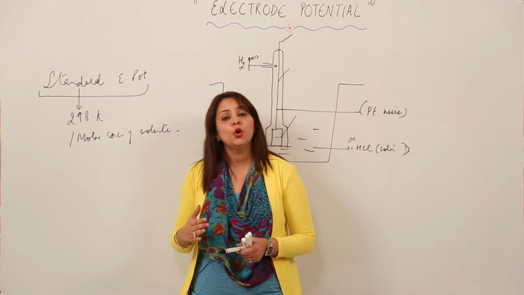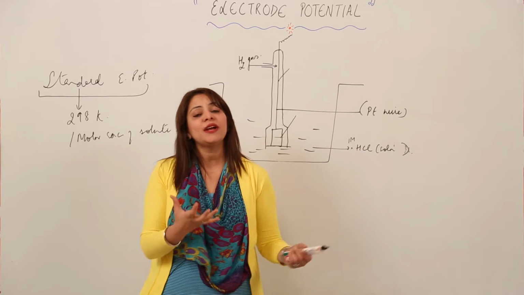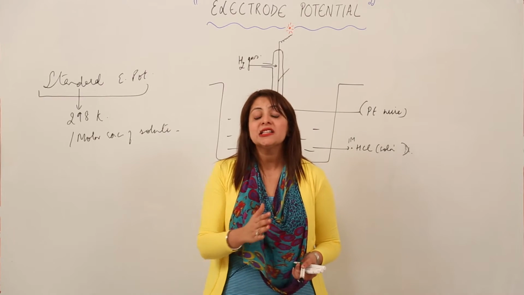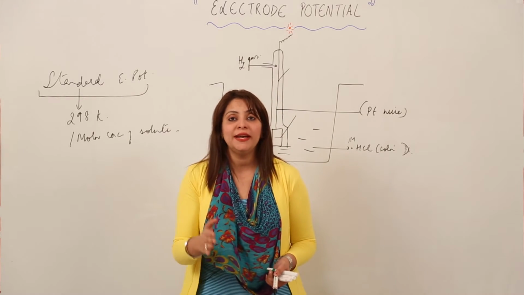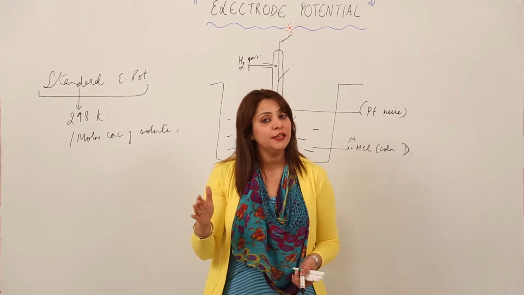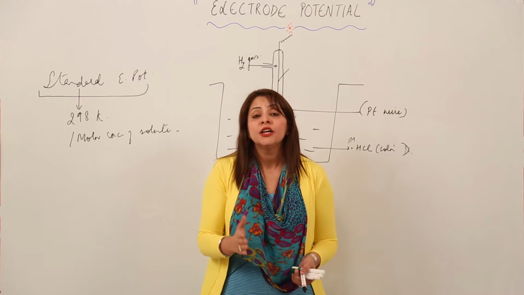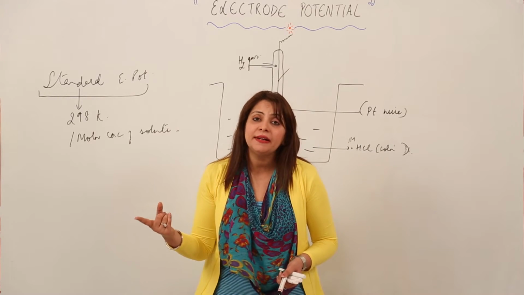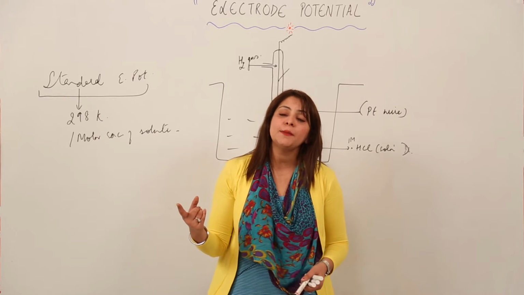Moreover, you should know that it is not easy to calculate the absolute value for the electrode potential. I repeat, you cannot calculate the absolute value for the electrode potential. The reason being, you are aware that the half cell reaction does not take place independently. So how can we calculate the absolute value?